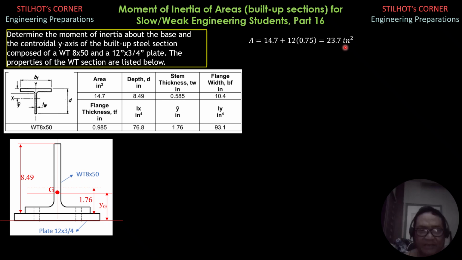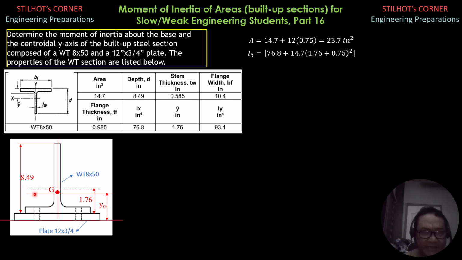Next, let's locate the centroid by computing YG by Varignon's theorem. So for the moment of inertia with respect to the base, it is IGX of the WT section plus area 14.7 times distance squared, where the distance is 1.76 plus 0.75. That is for the WT section, which is inverted.